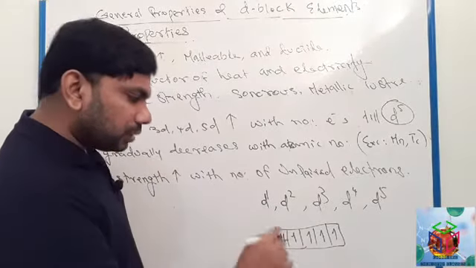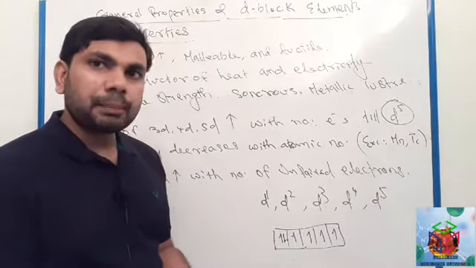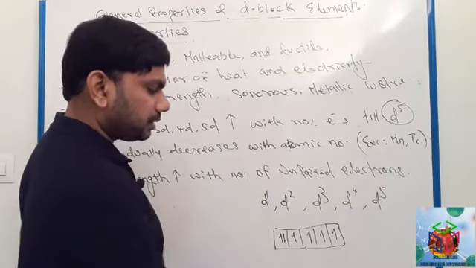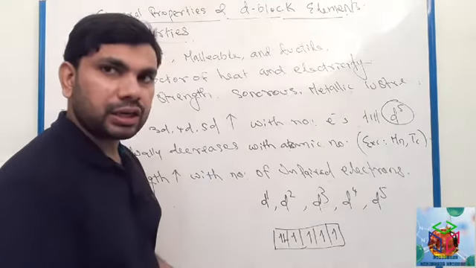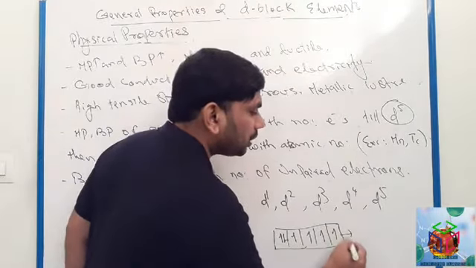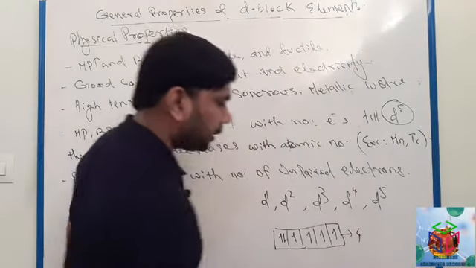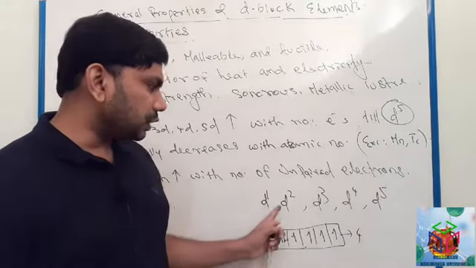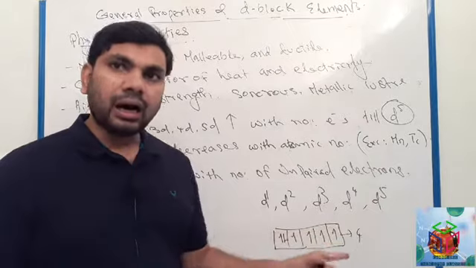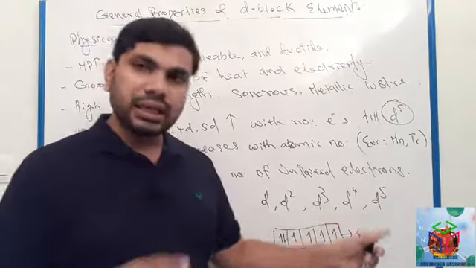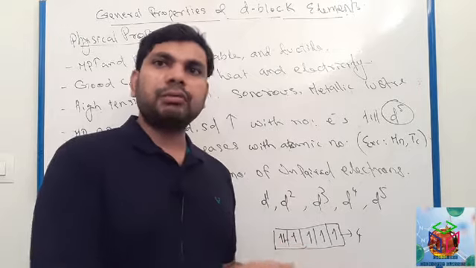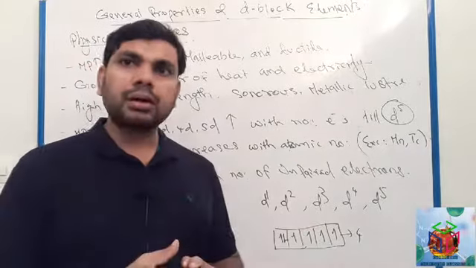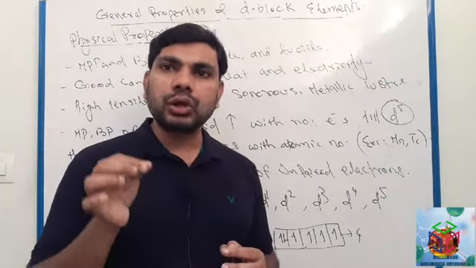Now the unpaired electrons decrease. With 6 electrons in the d orbital, the number of unpaired electrons is 4. So the number of unpaired electrons goes d1, d2, d3, d4, d5, and after d5 it changes again to d4, d3, d2, d1, because after d5 pairing occurs and the number of unpaired electrons decreases.